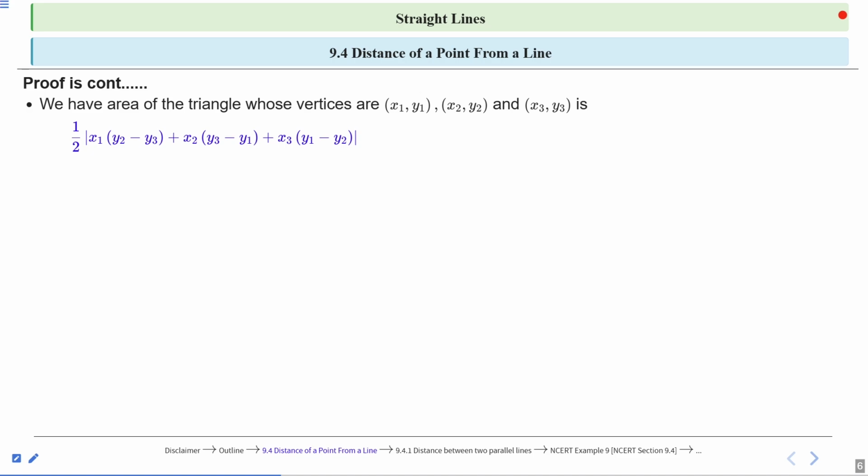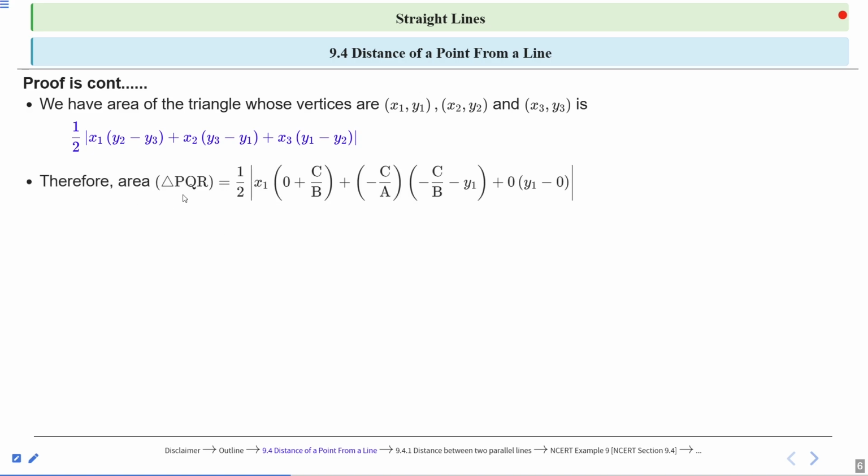The area of the triangle whose vertices are (x1, y1), (x2, y2) and (x3, y3) is 1 by 2 modulus value of x1 times (y2 minus y3) plus x2 times (y3 minus y1) plus x3 times (y1 minus y2).